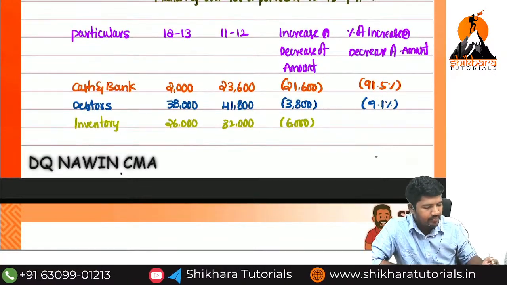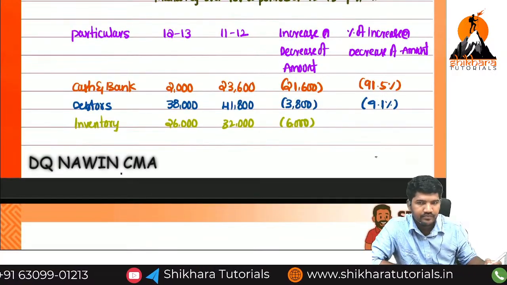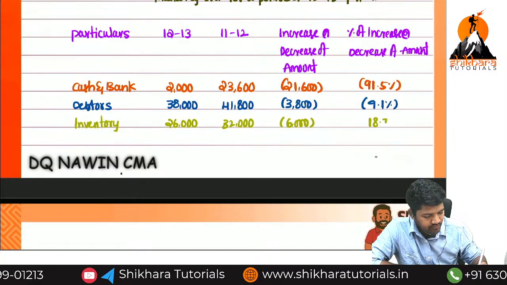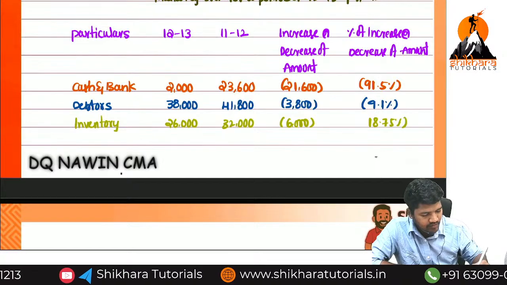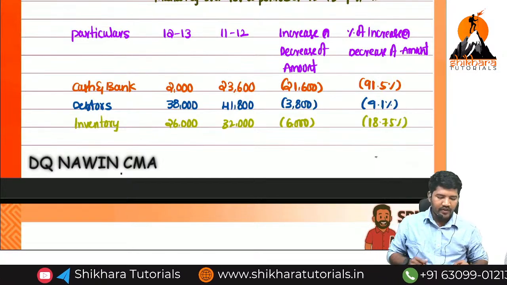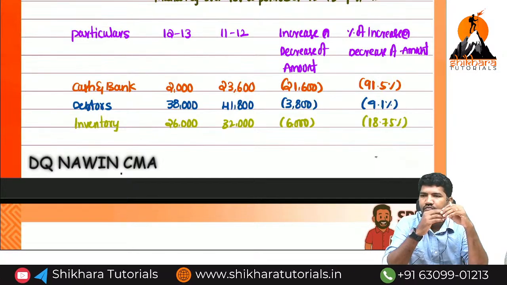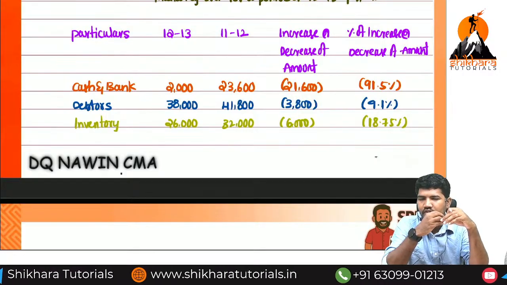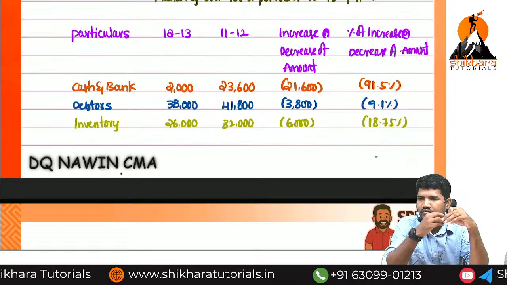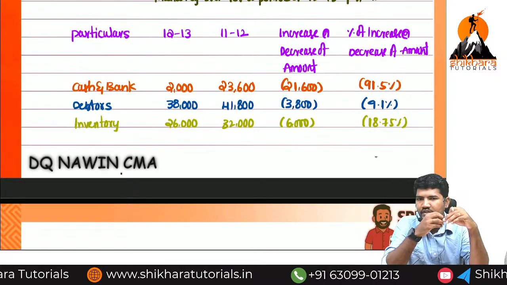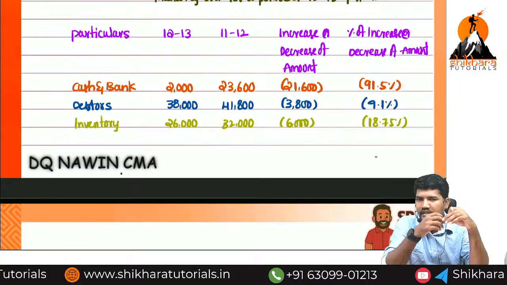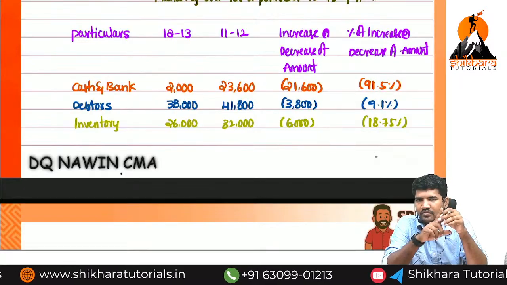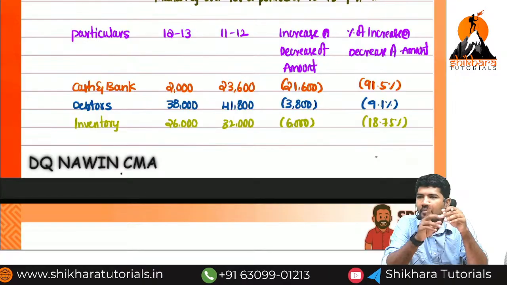What about the percentage increase or decrease of amount? 18.75%. So inventory reduces. What's the reason? Either usage, that is production, or we are not maintaining proper stock.